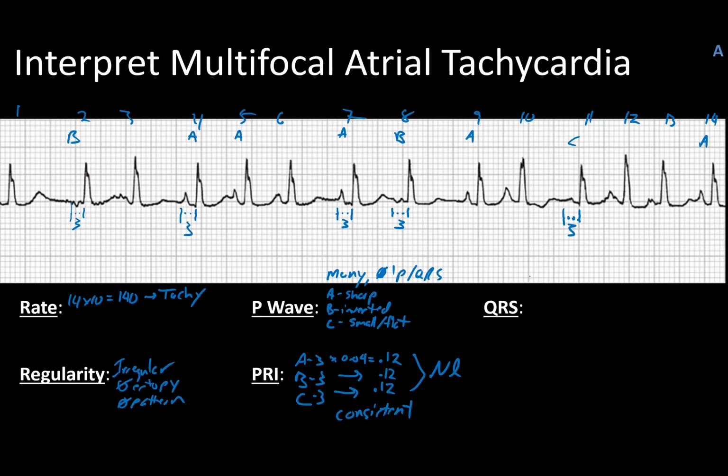So let's take a look at our QRS, and it looks like almost every single one of these is the same except for number 10. That one has a little bit different shape than the rest of them. So by and large they are uniform except for number 10.